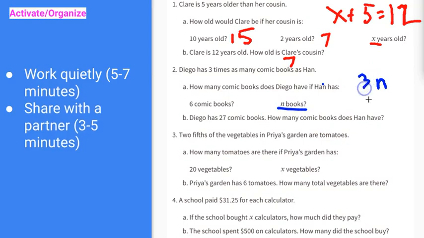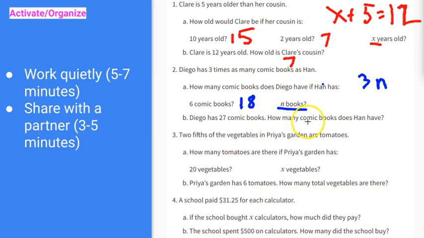Yeah, Diego is 3 times whatever Han has. So if he has 6, yeah, that means that Diego has 18. We just said that that would be 3N comic books.